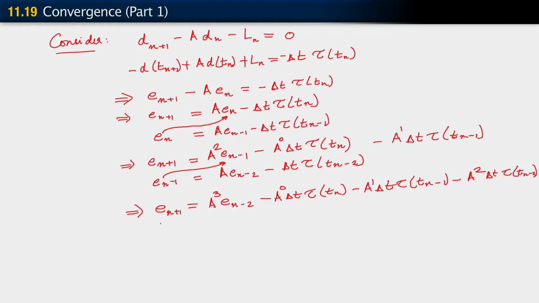Okay, now one can go on with this, and I'm sure you've all done it at one stage or the other with similar expressions.